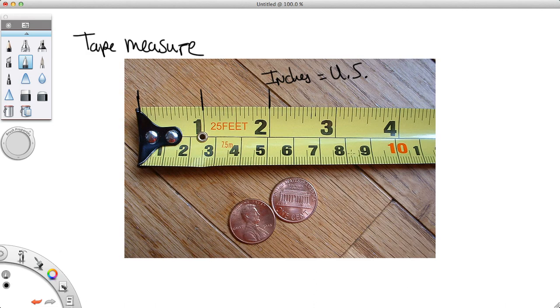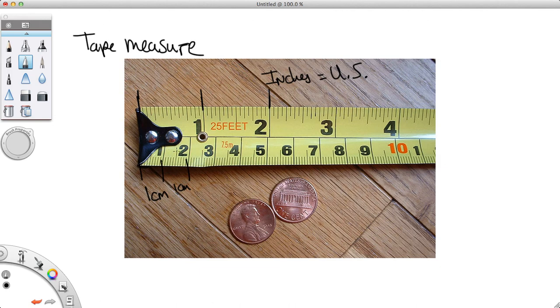Down here we have metric, and each one of these is a centimeter. So here's 1 centimeter, 1 centimeter, there's another centimeter. So when we're doing some measurements, if you have a tape measure like this, make sure you're using the right side. If you're measuring something in inches, you're using the top portion.